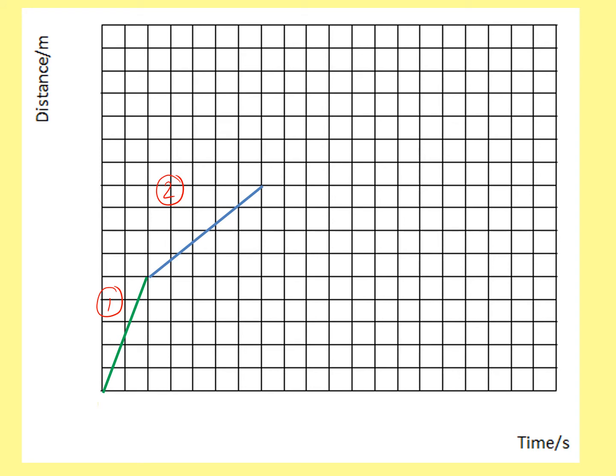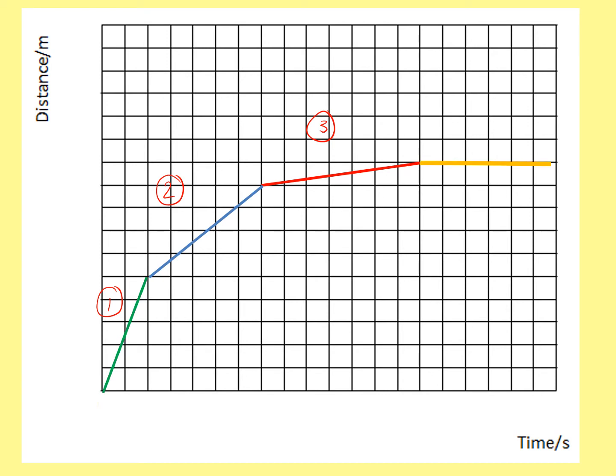It's still moving, but it's going at a slower speed. And I know that because the gradient is less steep. In section 3, I can see that it's going even slower. So this object is going fast, then slow, then even slower.